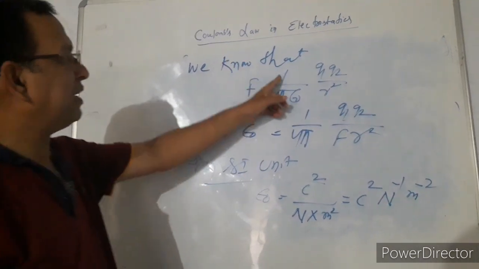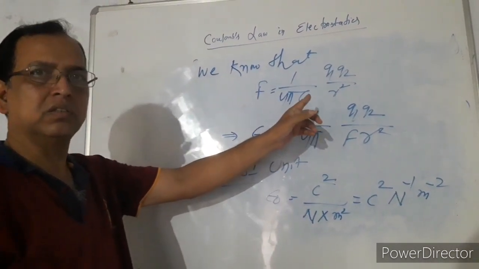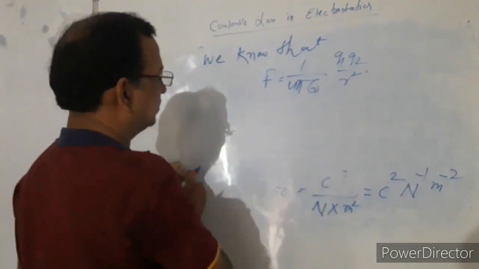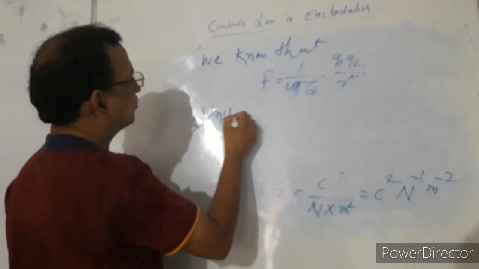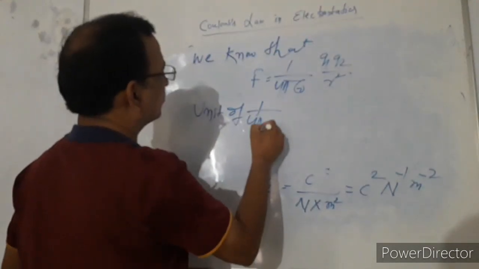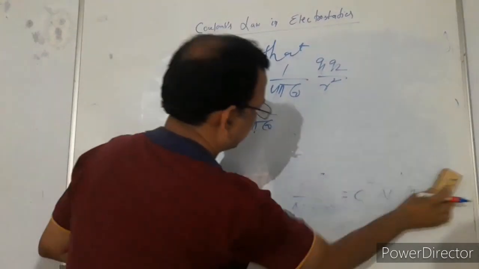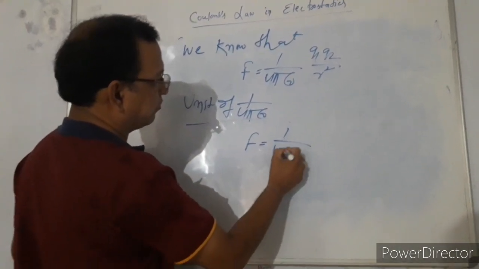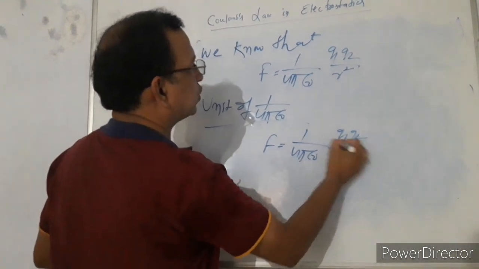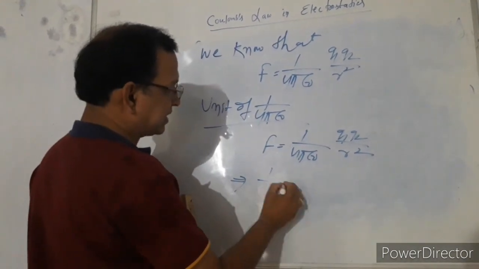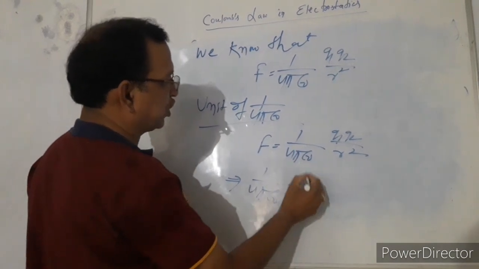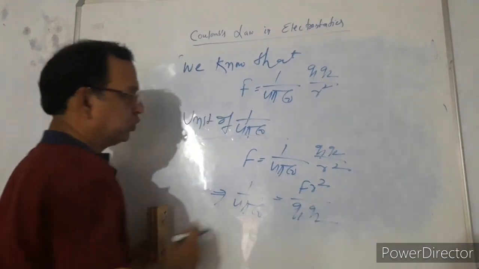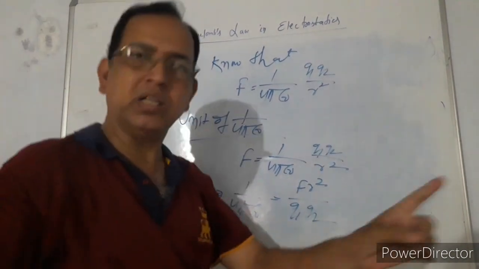So what is the unit of 1 by 4 pi epsilon naught? F is equal to 1 by 4 pi epsilon naught Q1 Q2 by R square. So this implies 1 by 4 pi epsilon naught is equal to F R square by Q1 Q2.